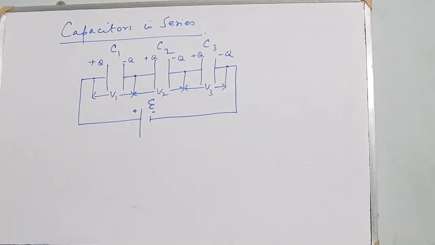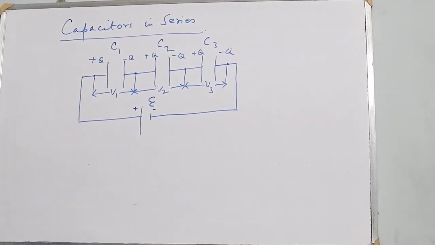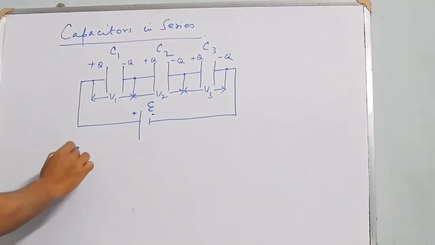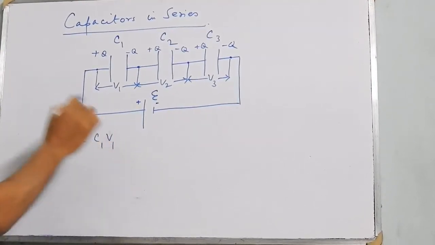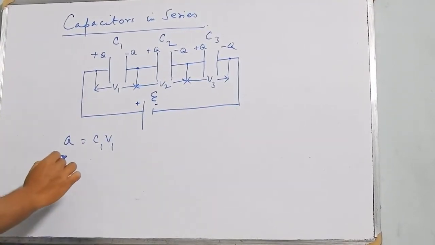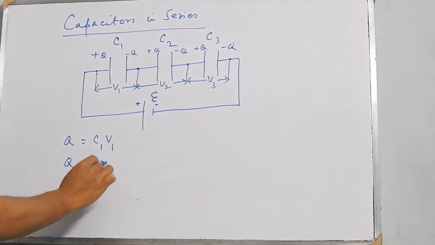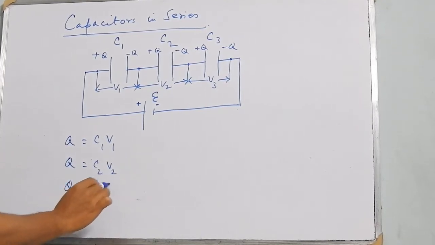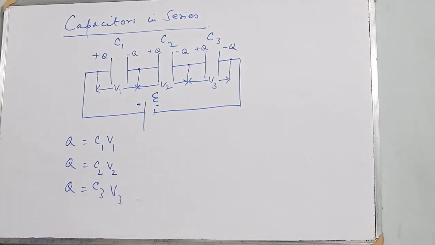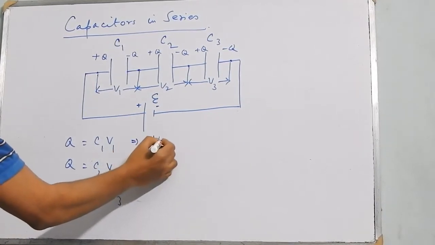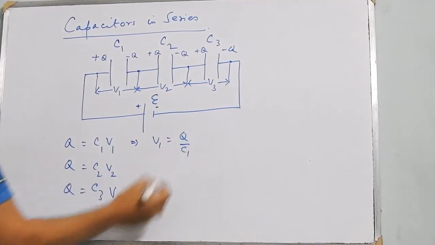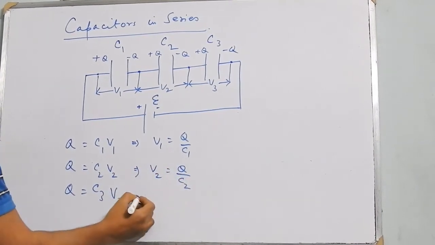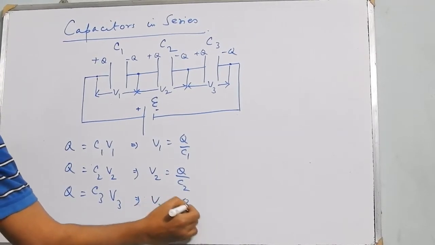As we know that Q equal to C into V, so we can write Q equal to C1 V1 for the first capacitor, Q equal to C2 V2 for the second capacitor, and Q equal to C3 V3 for the third capacitor, which means that V1 is Q by C1, V2 is Q by C2, and V3 is Q by C3.